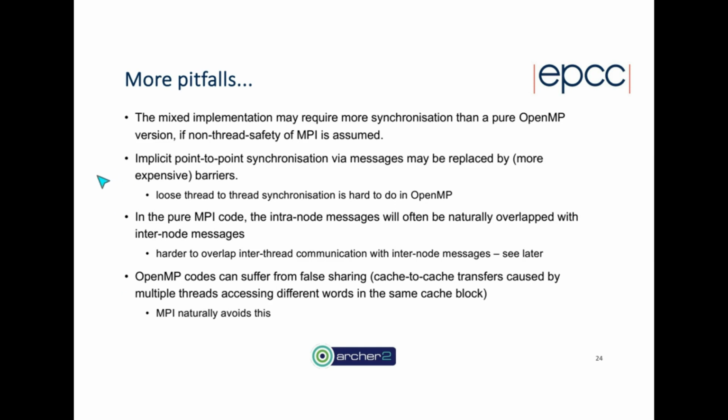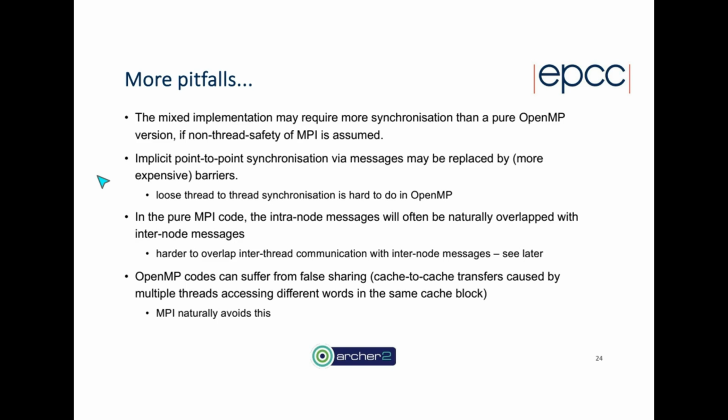What else can go wrong? Okay, so think about how MPI processes synchronize with each other. Well, they do that typically through the point-to-point messaging semantics. So in MPI, communication and synchronization are really quite tightly bound to each other.